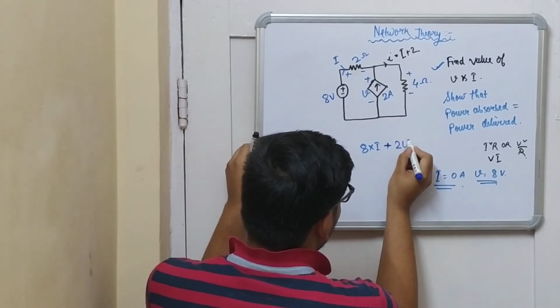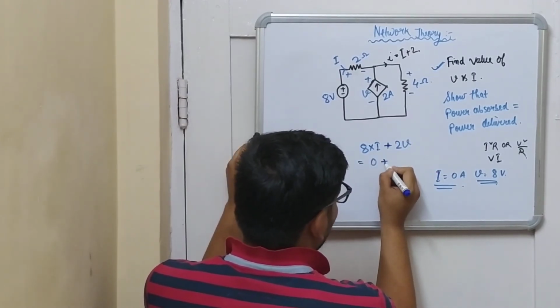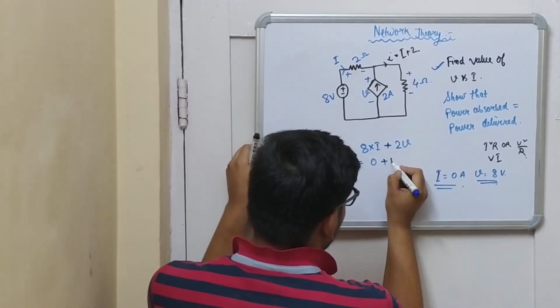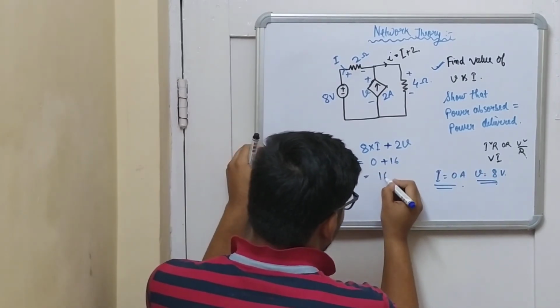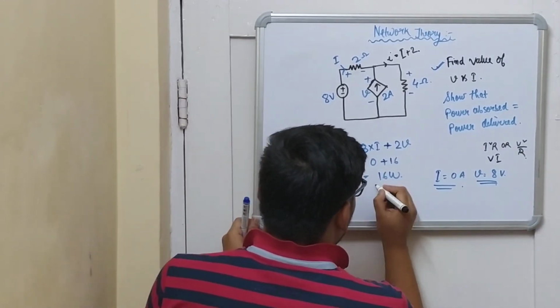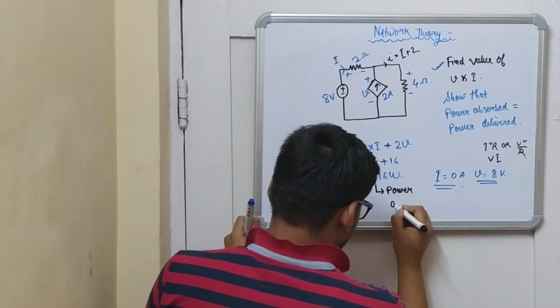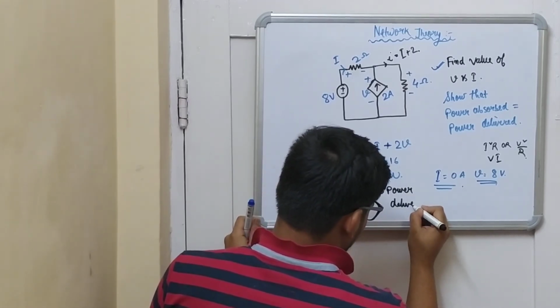It is 8 into I, which is 0, plus 2 into 8, which is 16. So 16 watt is the power delivered.